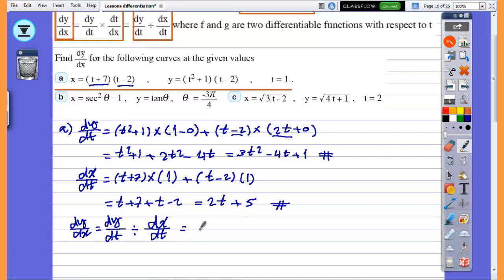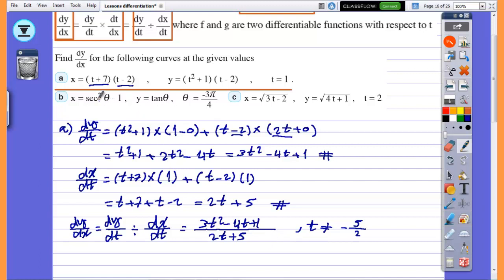So we make a fraction. In the numerator we write dy/dt, the final form is 3t squared minus 4t plus 1, over dx/dt, which equals 2t plus 5. Of course, t is not equal to negative 5 over 2.